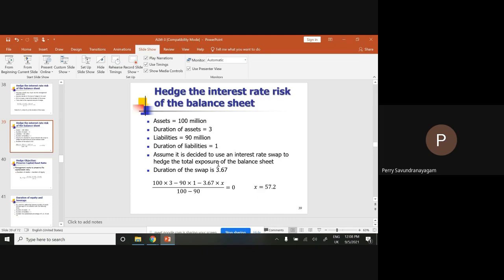So even if interest rates go to 15%, and I have to take deposits at 15% for another 57 million, I've hedged it by paying fixed on 57 million at whatever 8% or 9%, or whatever the rates were at the time of doing this. Is that clear?